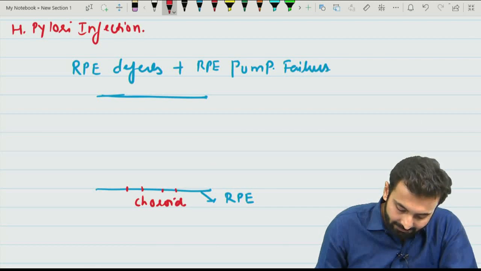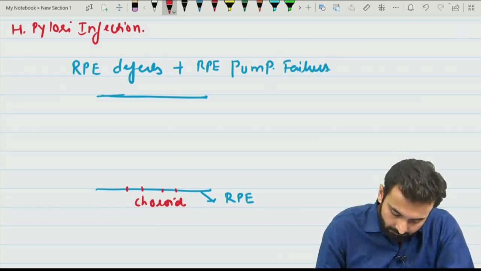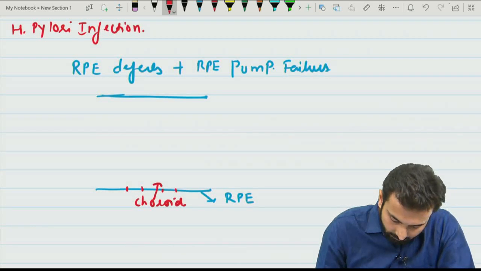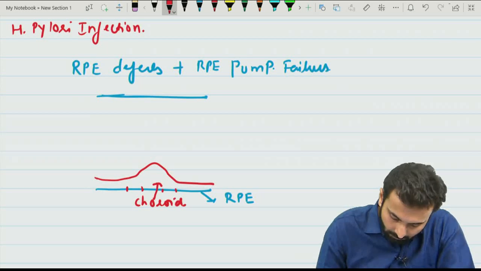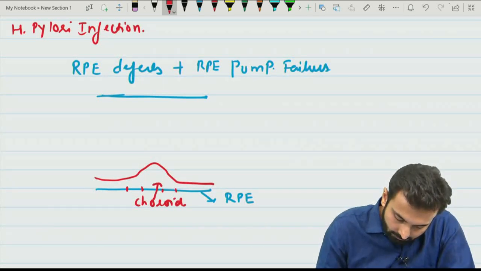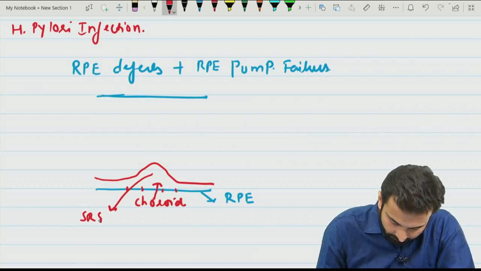Due to which there is leakage of fluid from the choroid, from the choriocapillaries. This fluid collects in the subretinal space. This space is called the subretinal space.